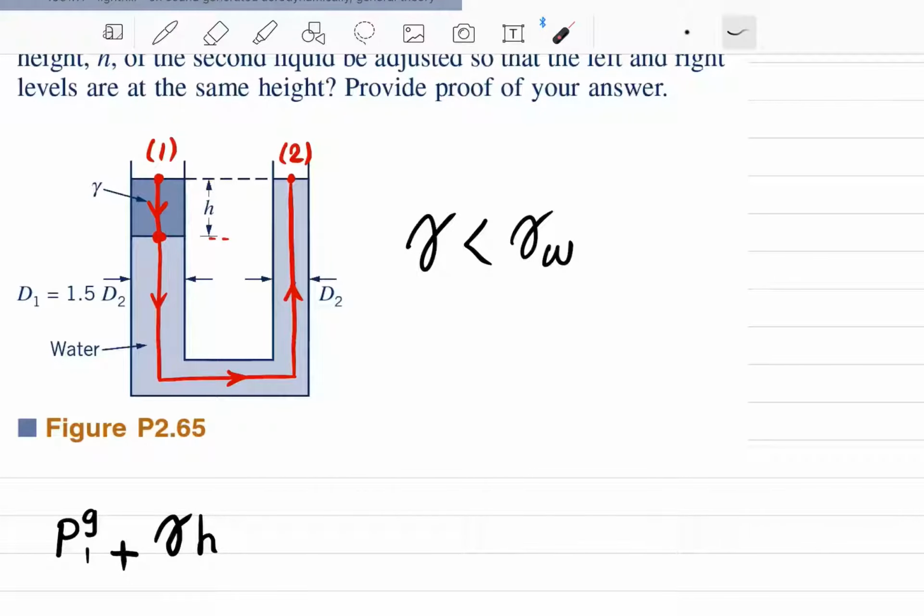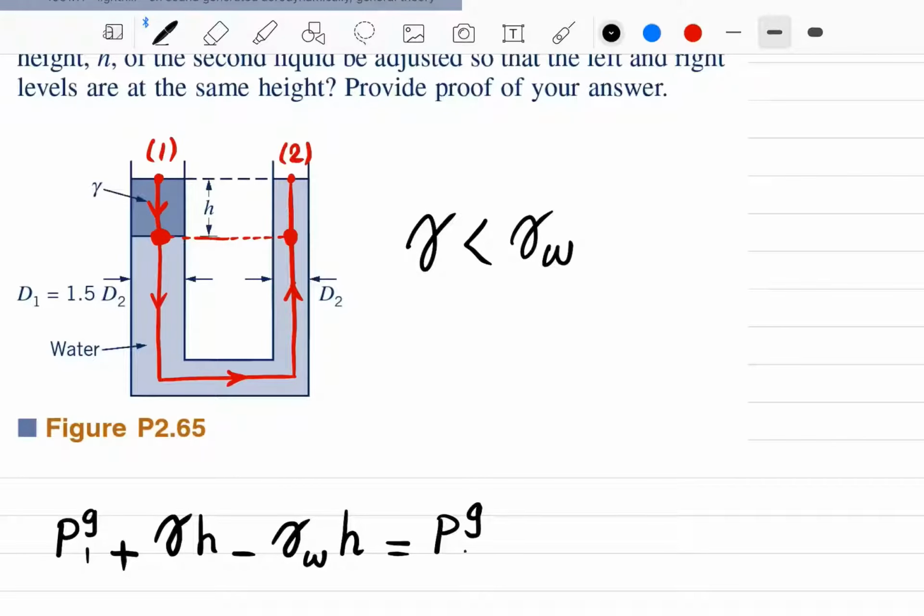Again, similar to the previous problem, the pressure increase along this line will be cancelled by the pressure decrease along this line. So the pressure at this point would be equal to the pressure at this point. So we will move from here to here, and as we move upward, the pressure would decrease. So minus gamma of the fluid that we're moving through, which is water, times the distance that we've traveled, which is h, would be equal to the gauge pressure at point 2.